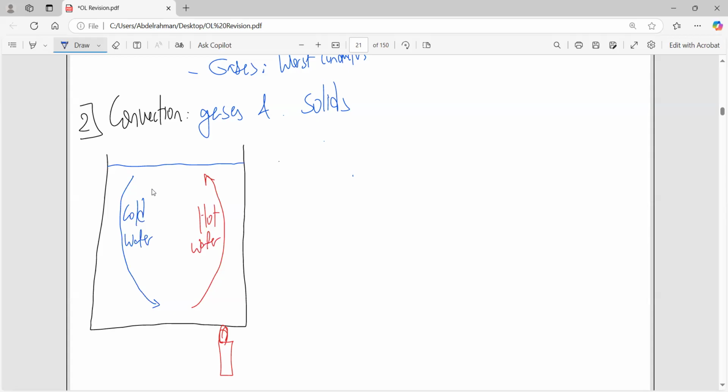I'm saying convection can happen in gases and liquids, in both. In terms of molecules, what happens?